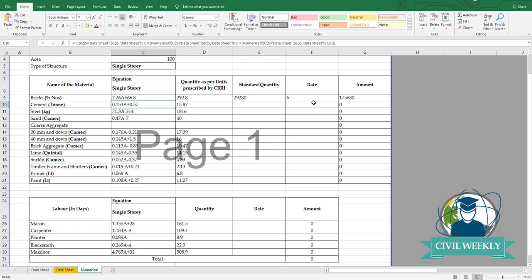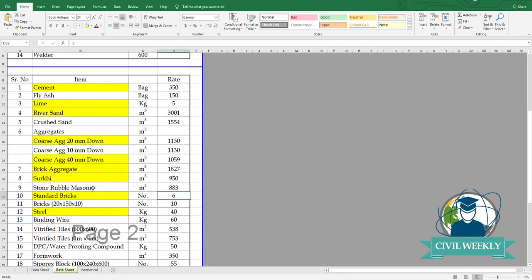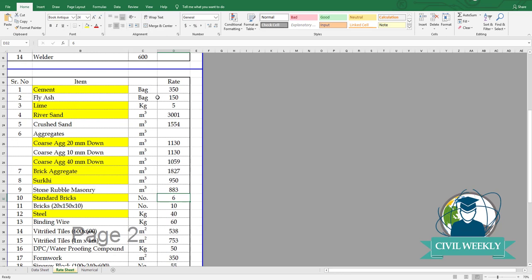Cement we have got in terms of tons. So 15.87 tons of cement is required for constructing a single story structure. But the rate of cement is in terms of rupees per bag, and the cost of one cement bag is 350 rupees.